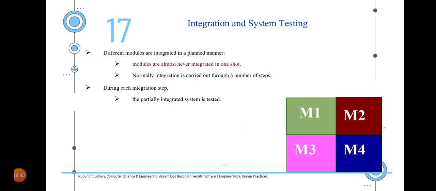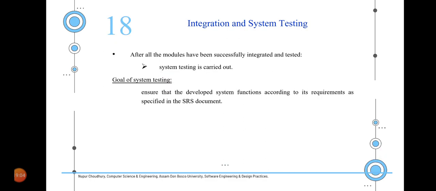After M1 and M2 have been successfully integrated, M3 is integrated with M1 and M2. So step by step, all the modules are integrated, and step by step the entire system is tested for any inconsistency or any problem that might arise due to integration.